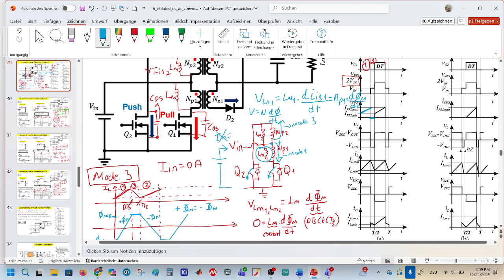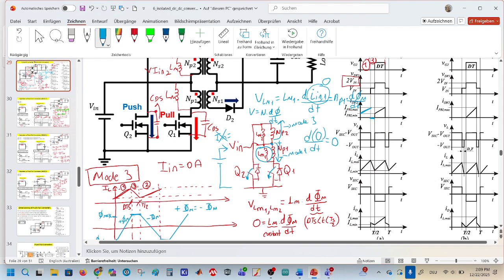But suddenly, in the third operation, the current is 0. There is no current. This is 0. And the flux, if I have, for example, no change of current, the 0 divided by dt, this is 0.